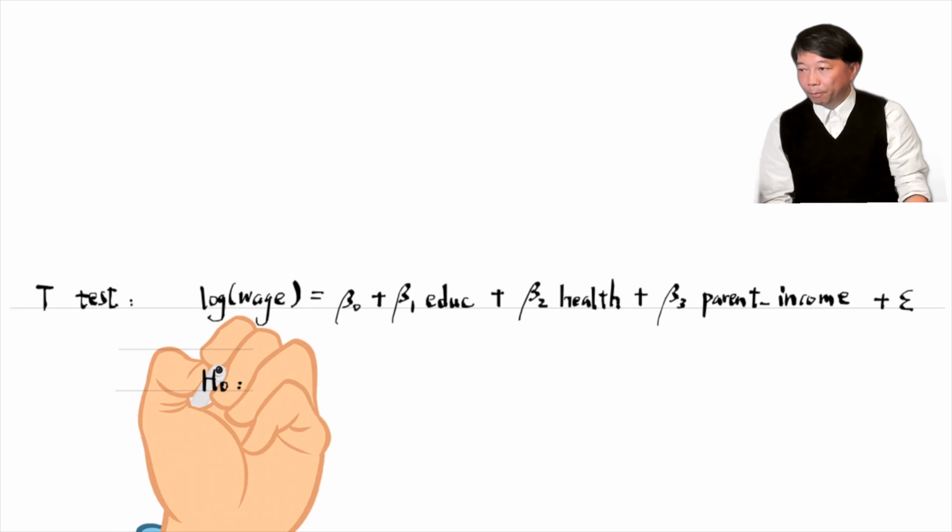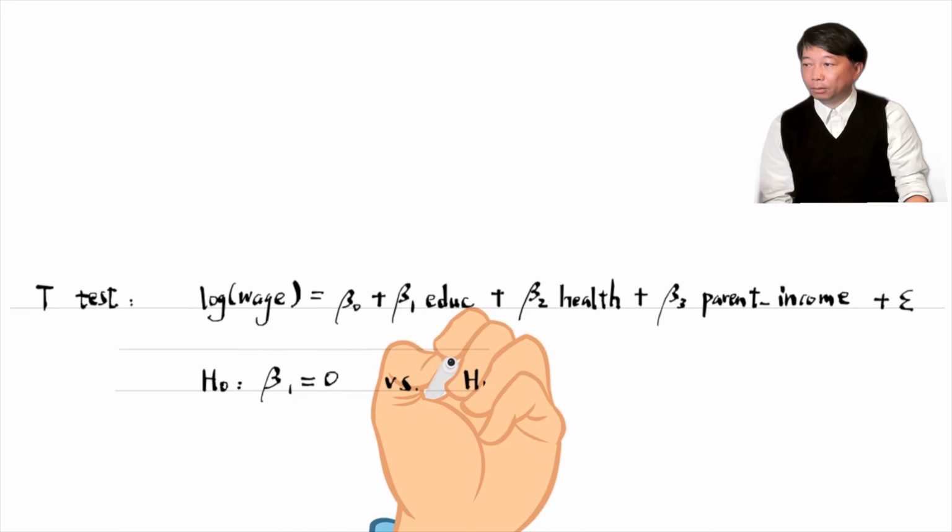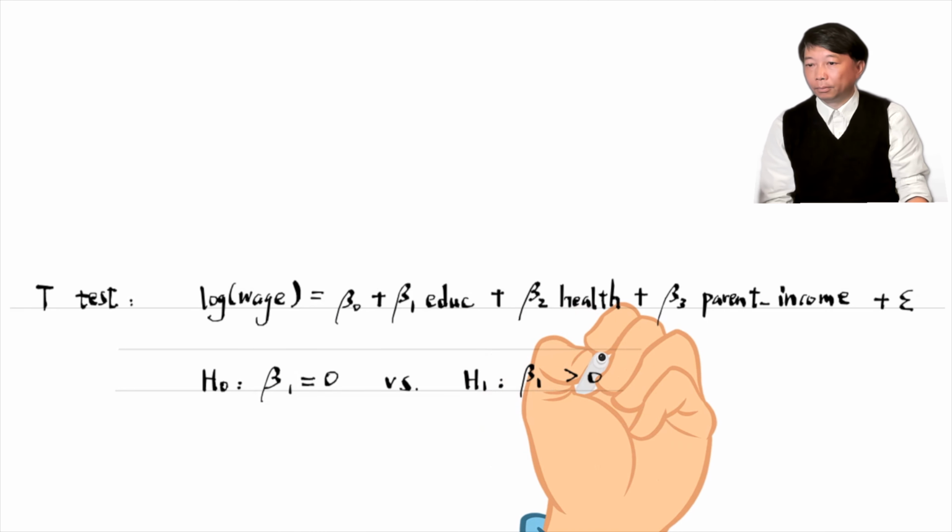The null hypothesis is that beta 1 equals 0. The alternative hypothesis is that beta 1 is greater than 0. We apply the OLS method to the linear regression model to determine whether there is sufficient evidence to reject the null hypothesis.